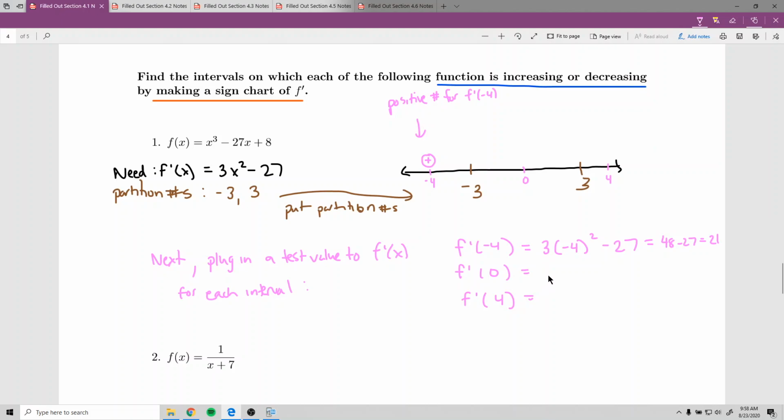All right, so f prime of 0, the next one we want to plug in. We want to plug in 0 to our derivative, and it's always nice to plug in 0 because it's usually pretty easy, and that gives us -27, but that is negative, so we put a minus.